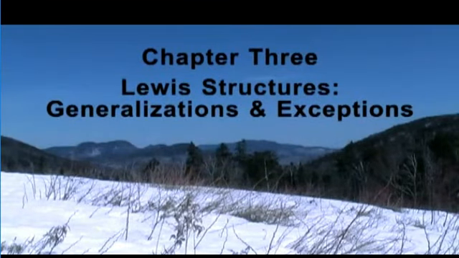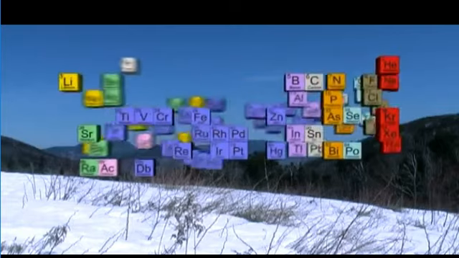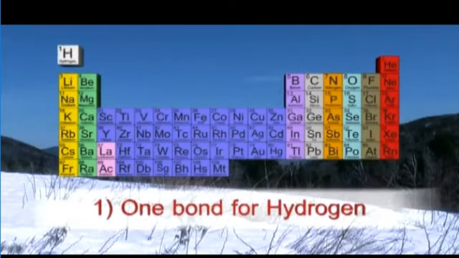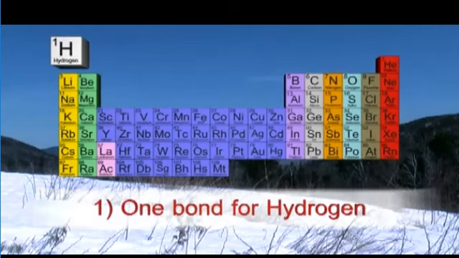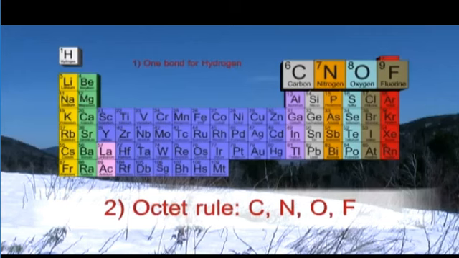Chapter 3, that is Lewis structure, generalizations and exceptions. Here are all the chapters in the topic, as I have already informed you. Okay, so let's start. Each and every element has a tendency to gain the nearest inert gas configuration. Hydrogen will have one bond, either with carbon, nitrogen, oxygen or fluorine.